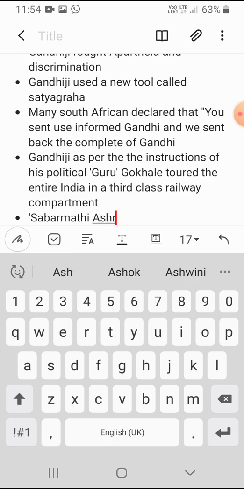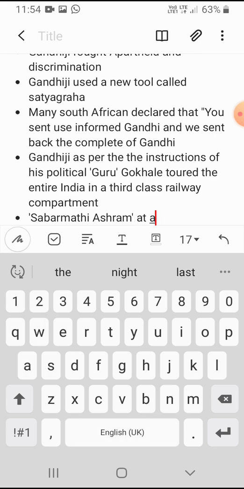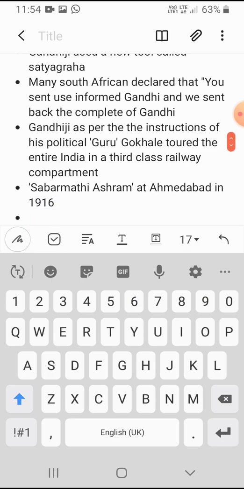In 1916, Gandhiji established Sabarmati Ashram at Ahmedabad.